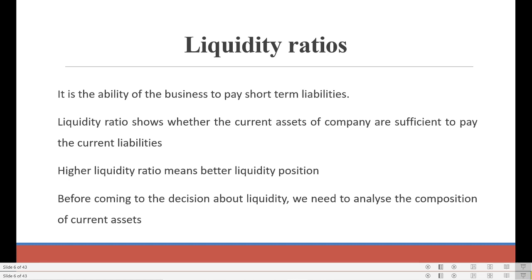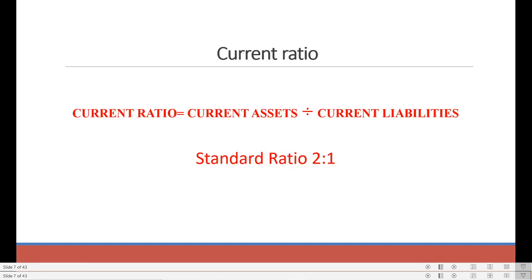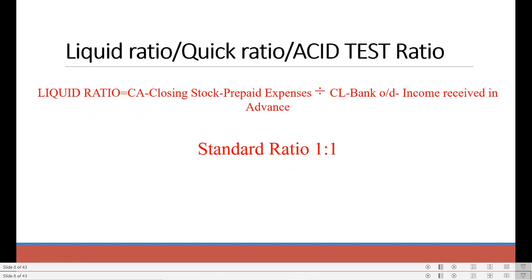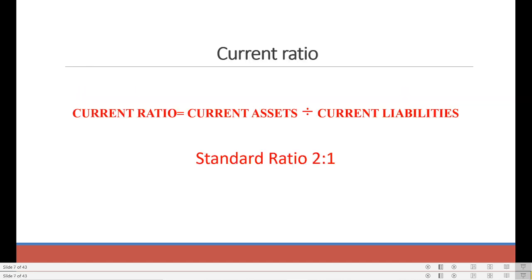So liquidity ratio shows how far a company has current assets to pay off all its current liabilities. We'll be discussing here two ratios. First is current ratio and another one is liquid ratio. Now what is current ratio? Current ratio shows the relationship between current assets and current liabilities.